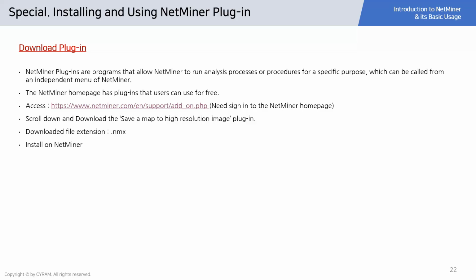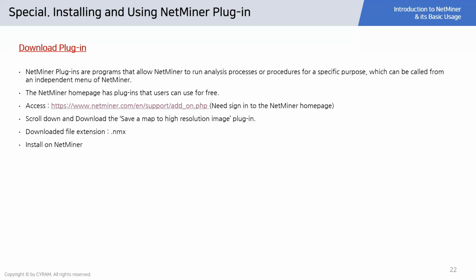If we write down the various NetMiner functions that we have seen so far in a programming language or similar script, we can use it in a NetMiner menu and run the program. It is also possible to automate the analysis process by writing the required analysis process using a script.